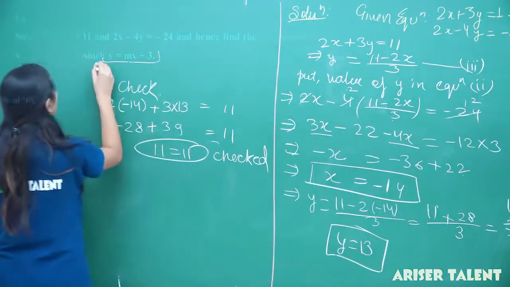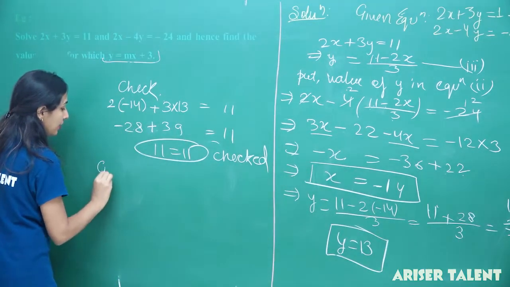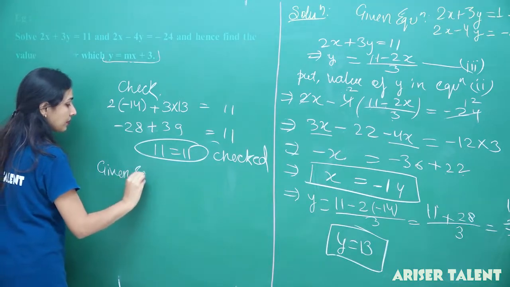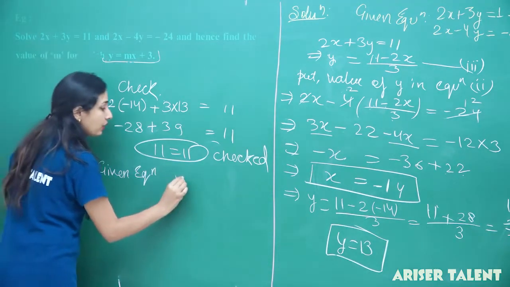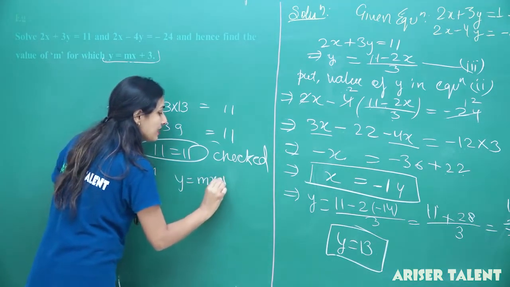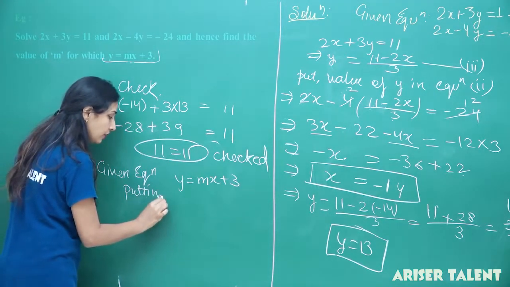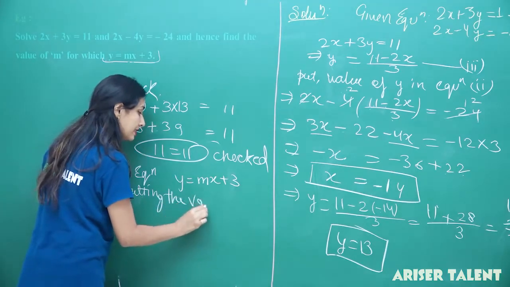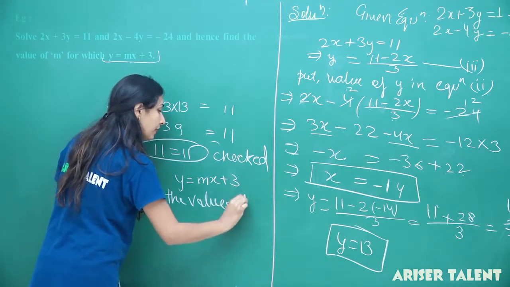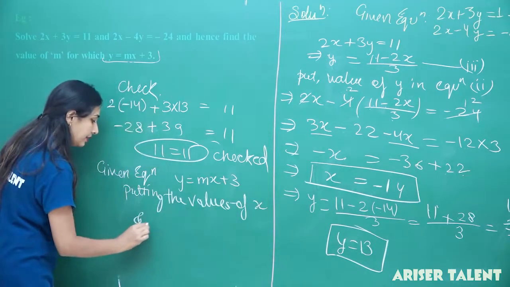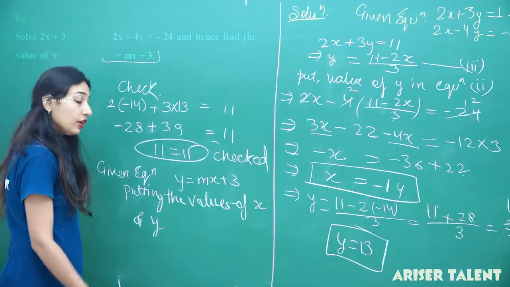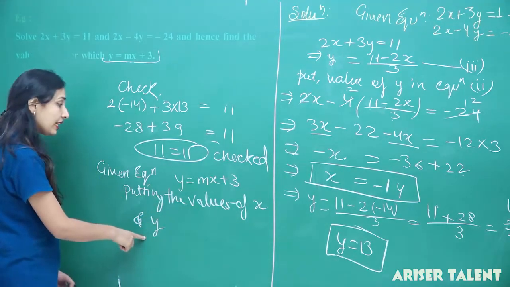Okay, so we are having the given equation, y equals to mx plus 3. Putting the values of x and y, what can we have?